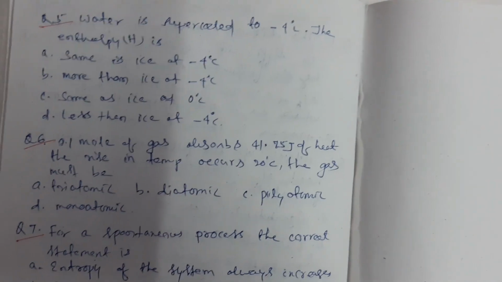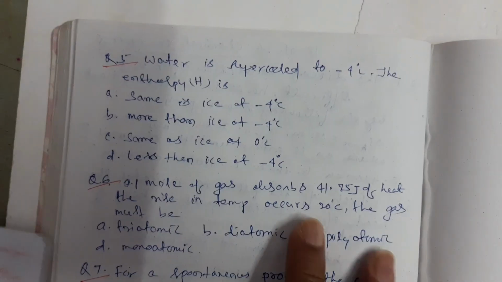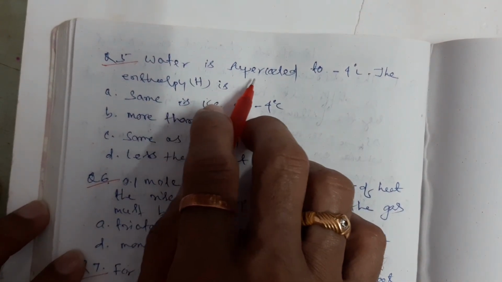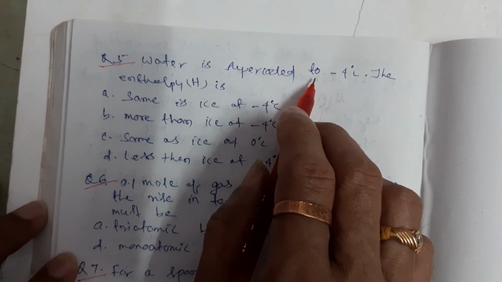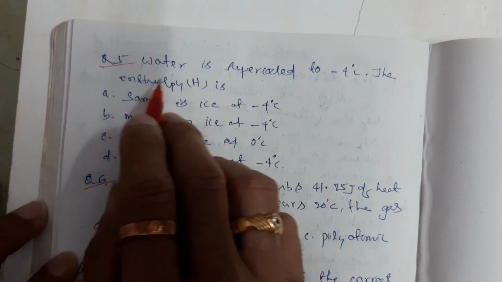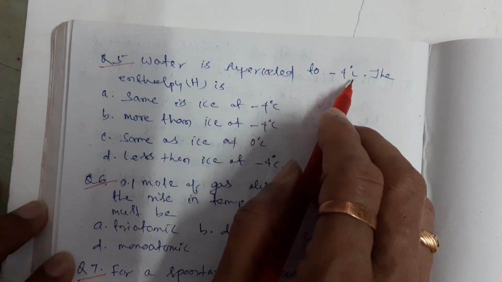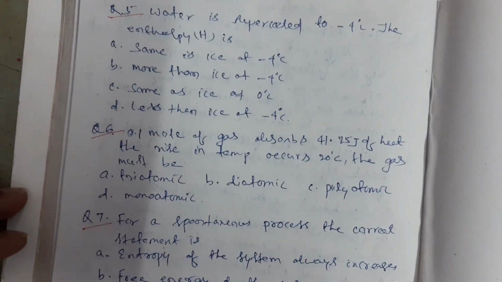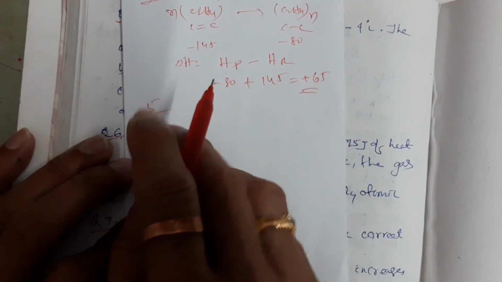Next, question number 5. Water is supercooled to minus 4 degrees centigrade. The enthalpy is what? Okay, see question number 5.